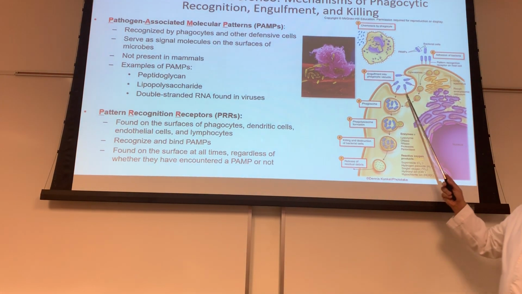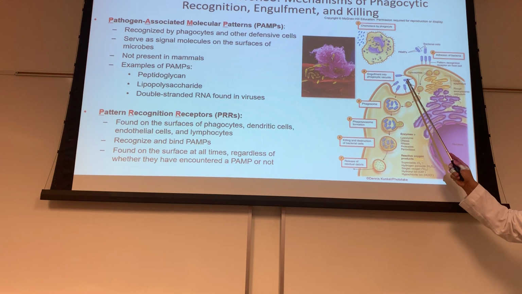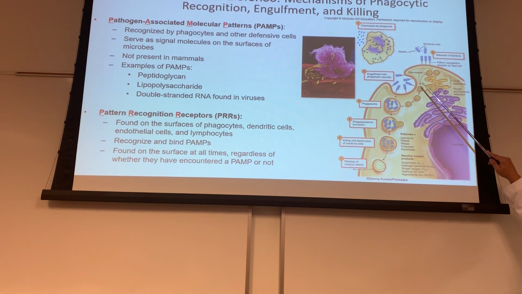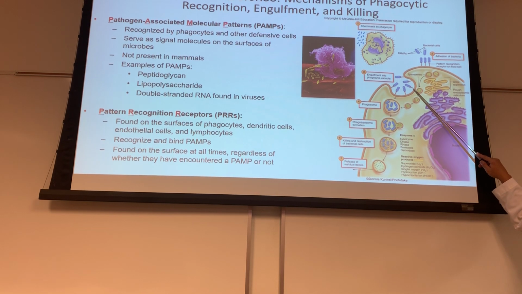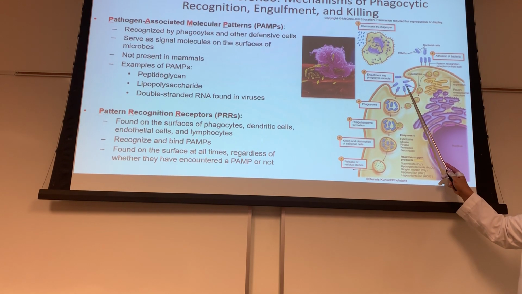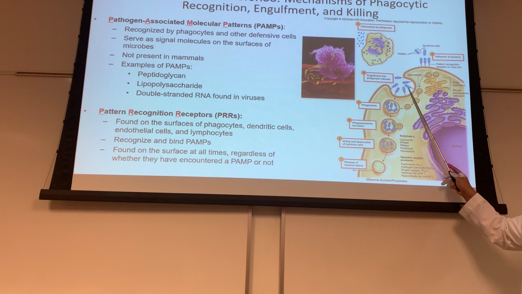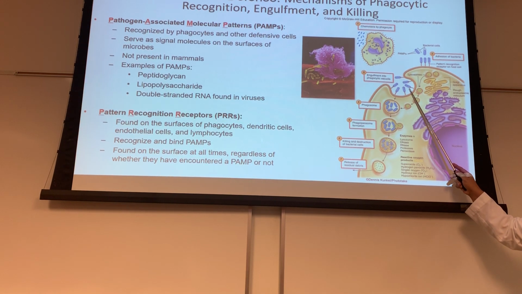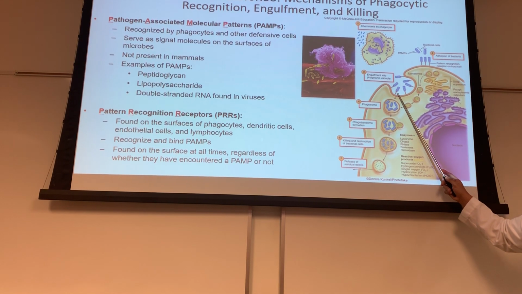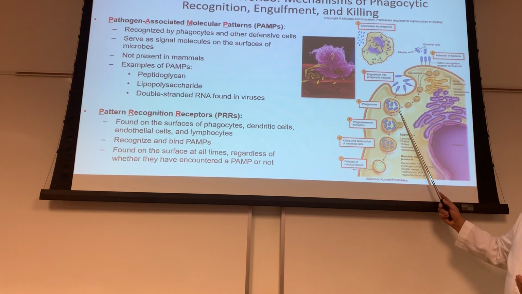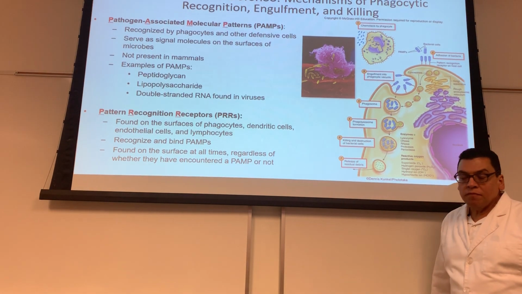Basically your white blood cell is grabbing onto the bacteria using the PRRs, which are on host cells, and the PAMPs, which are on bacterial cells. Now that I have grabbed onto it, I'll wait until I grab a couple of them and then engulf all of them together. The engulfing is the phagocytosis part.